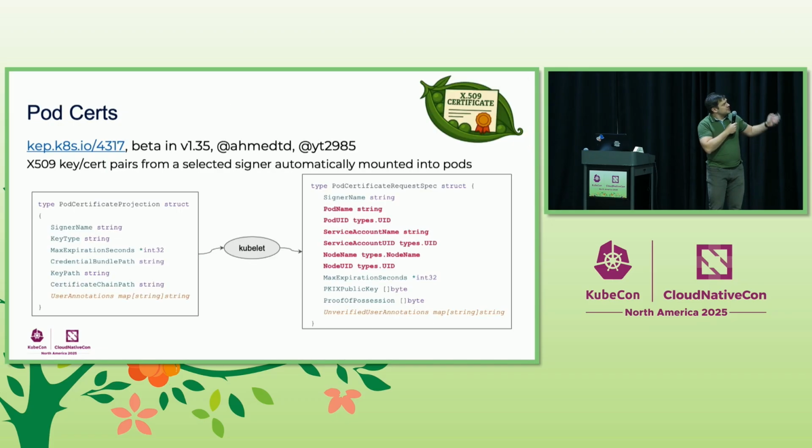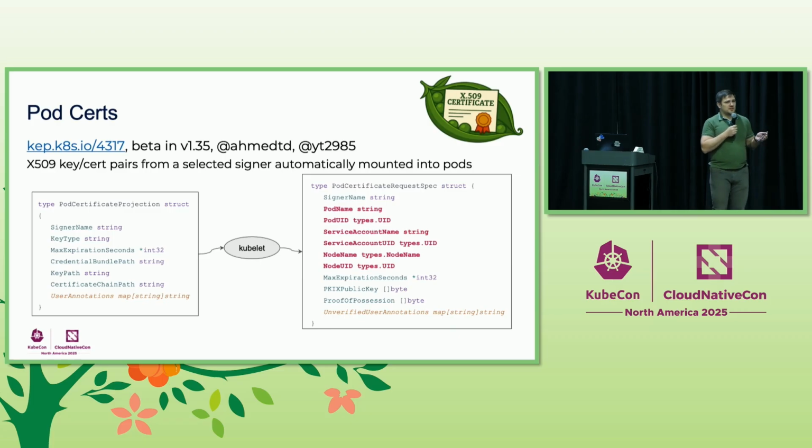So that's this one. Now, pod certs, that's a new thing. The original implementation made it to 1.34. Now it is beta in 1.35. It's been worked on by Tahir and a new contributor, Tina. This makes it really easy for you to mount certificates inside of your pods.